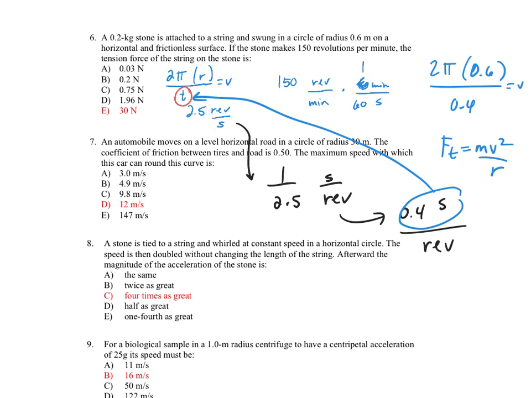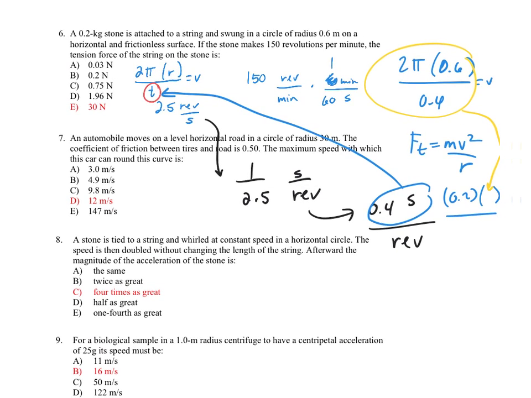So as a result, we can plug in the values we know. We know m is 0.2. V is that number from above. Whatever this turns out to be here in yellow, that goes in for v, and that's going to be squared over the radius, which is 0.6 meters. Okay, that would give me my final answer to this.